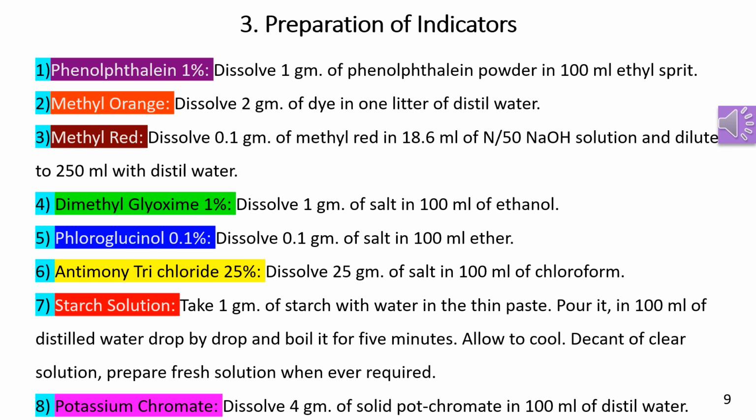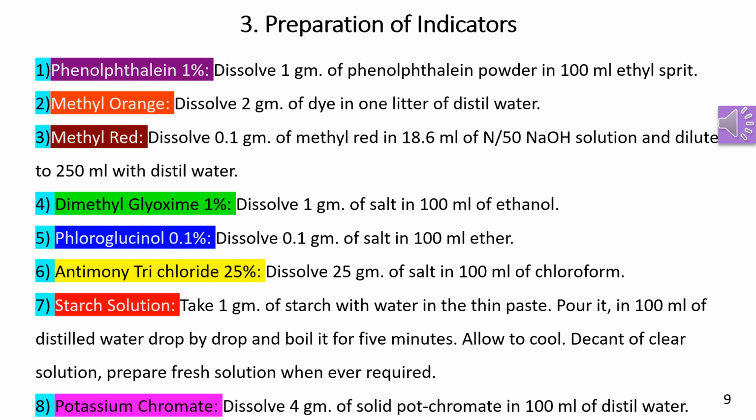Number 3, methyl red. How can we prepare methyl red? Dissolve 0.1 gram of methyl red in 18.6 ml of N/50 NaOH solution and dilute to 250 ml with distilled water. To prepare methyl red, we need methyl red, N/50 NaOH solution and distilled water.